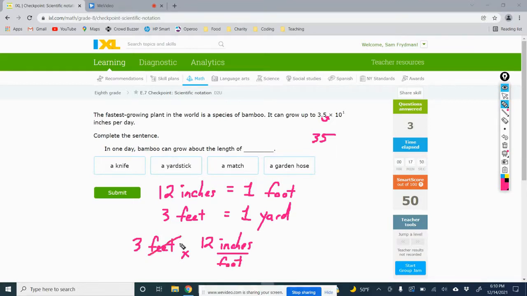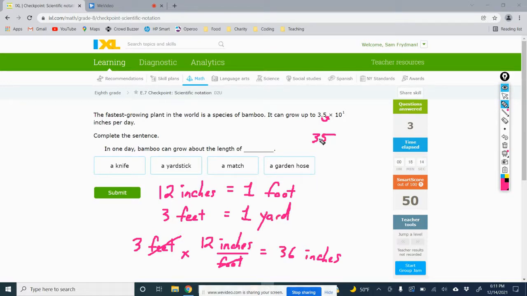These would actually cancel out here. Units cancel out in the same way that fractions do. So 3 feet, which is 1 yard, is equivalent to 3 times 12, which is 36 inches. So if I know that there are 12 inches in a foot and there are 3 feet in a yard, that means there are 36 inches in a yard.